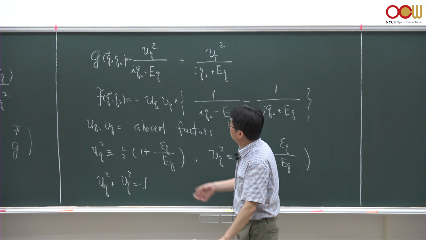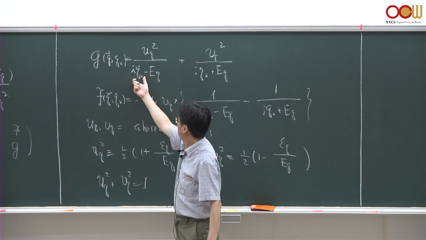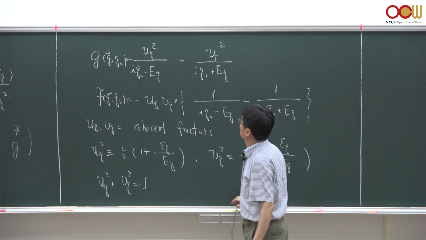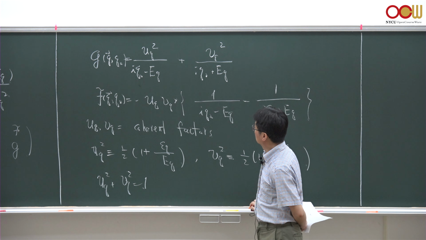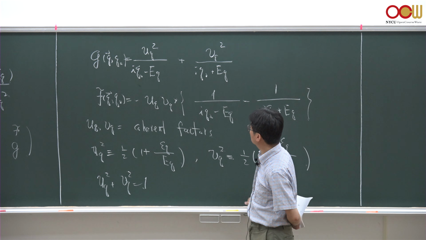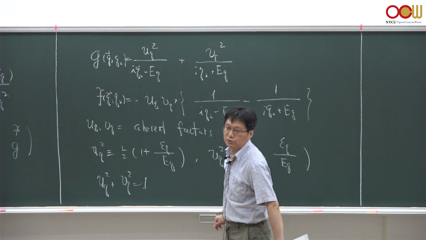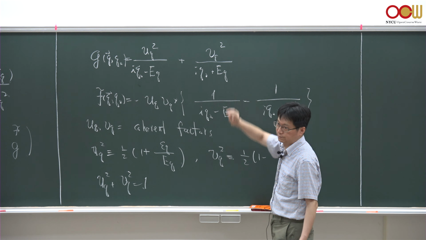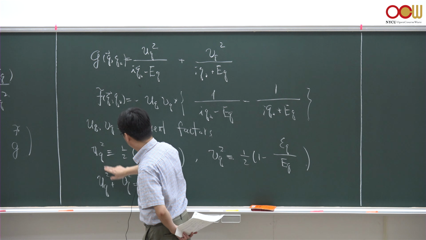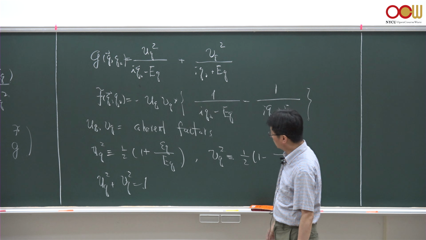When you pick up the pole, when the imaginary part z hits E of Q, you pick up the residue, and the residue is nothing but U of Q squared or V of Q squared, defined in this way.